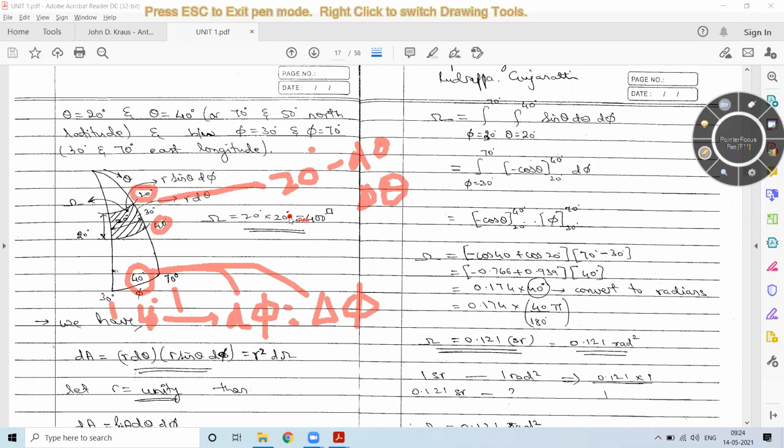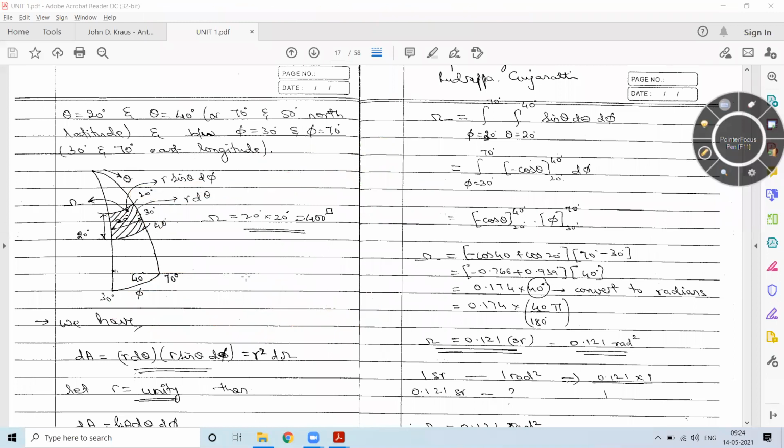Now I want to identify this value. This one I can identify. It is nothing but r d theta. But what is this one? As per the previous discussion, it is r sine theta d phi. Now for simplicity, since the r value is not specified, we'll consider it to be unity. Therefore, this side will be reduced to sine theta d phi, and this side will be reduced to d theta.